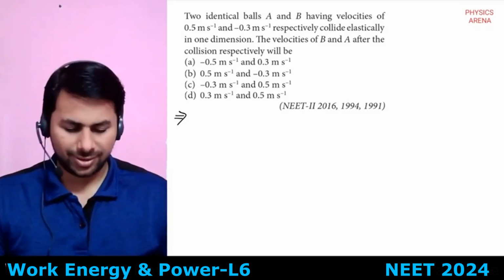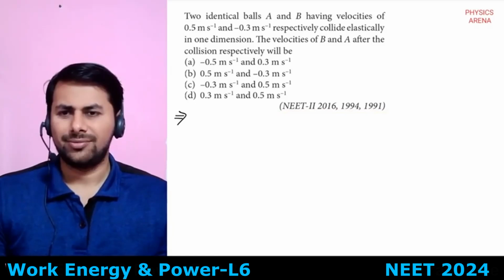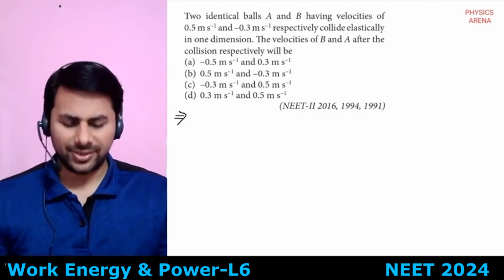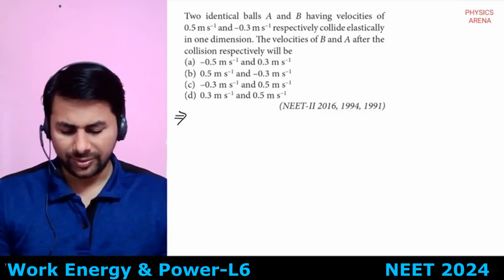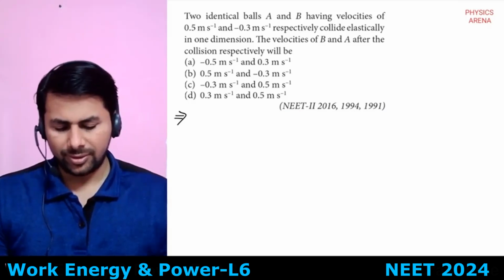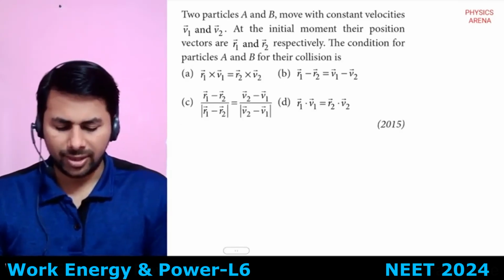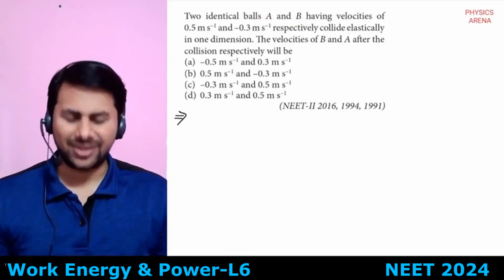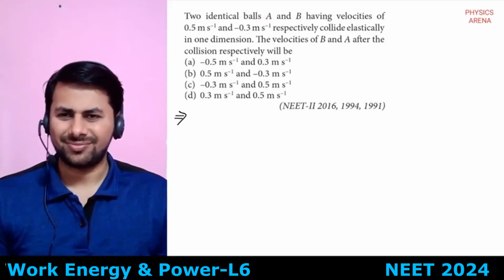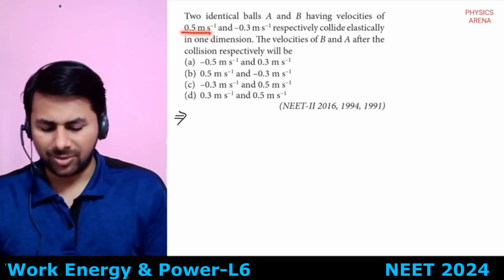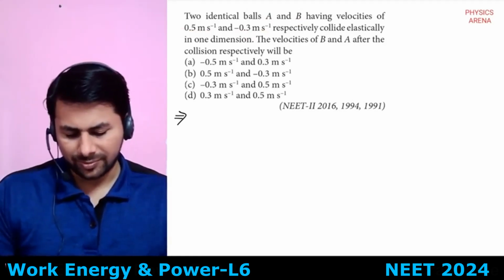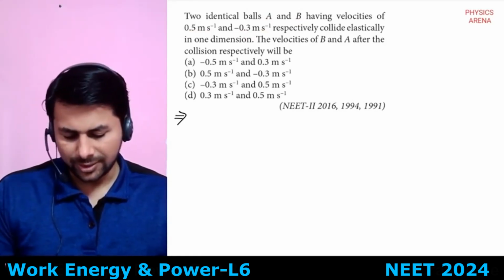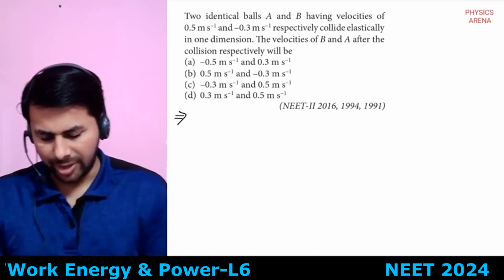And as I said, velocity gets exchanged. They are asking B and A, so they have changed the order also. A and B changed to B and A. So it will remain the same, 0.5 and minus 3. So the answer is option B.